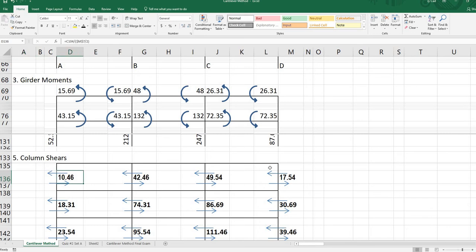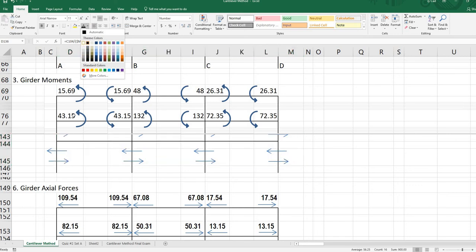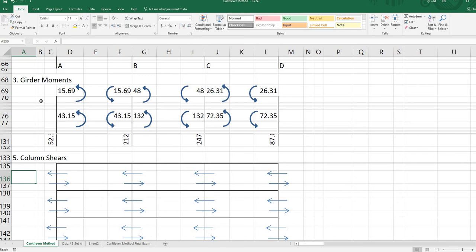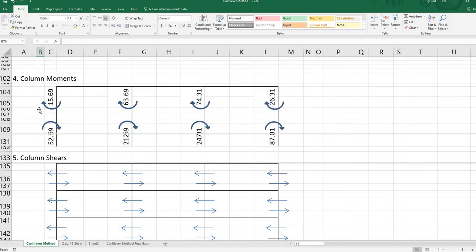Okay, so let us hide this first. As I've said before, kunin natin yung column moment for this one. Ayan.